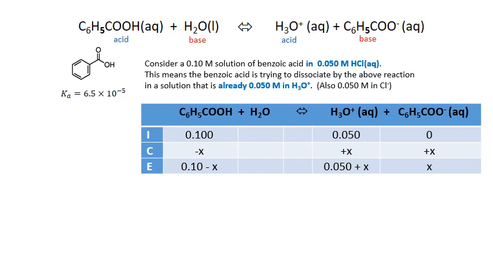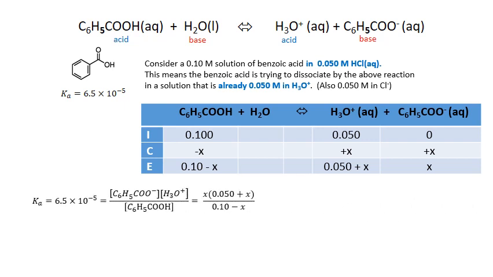X represents the amount of benzoate that's formed, and also the amount of additional H3O+ that's formed. So at equilibrium, it's 0.1 minus X for the benzoic acid, and 0.05 plus X for the H3O+, because it started out at 0.05 and we added X to it. And the benzoate is just X. And as we always do, we put that into our equilibrium expression.